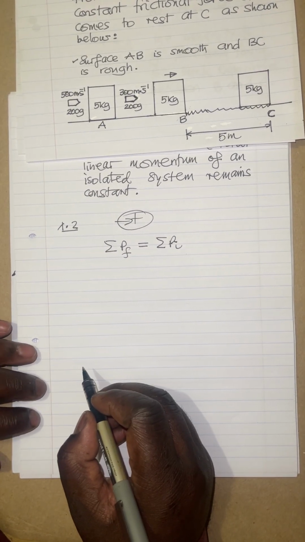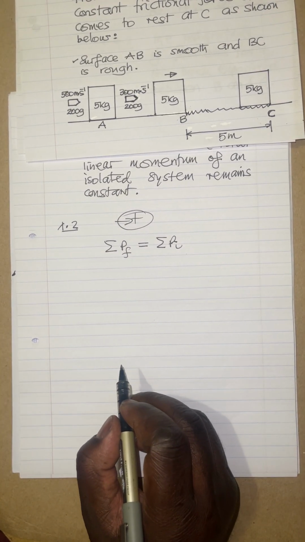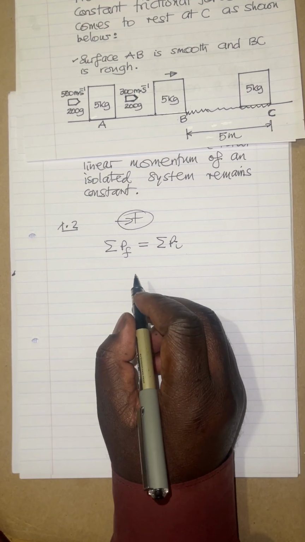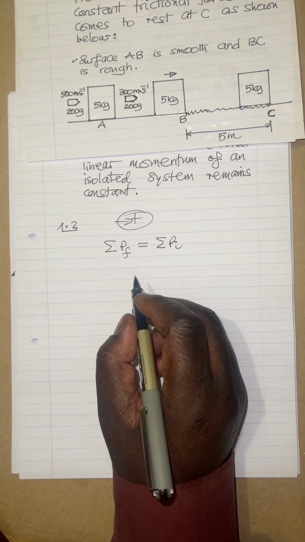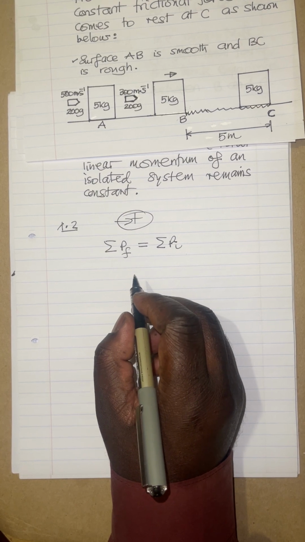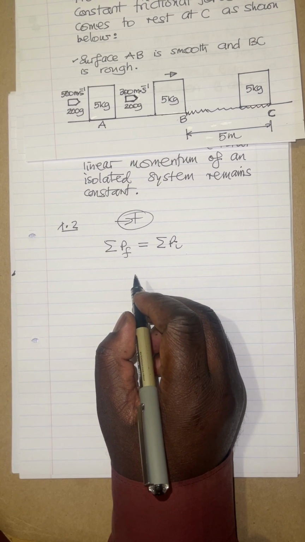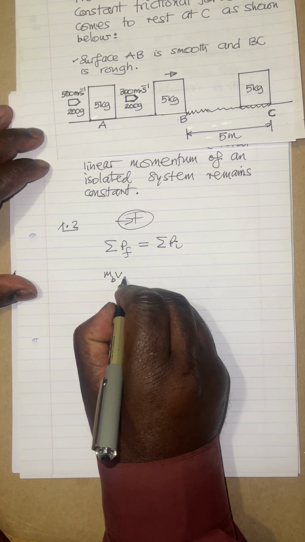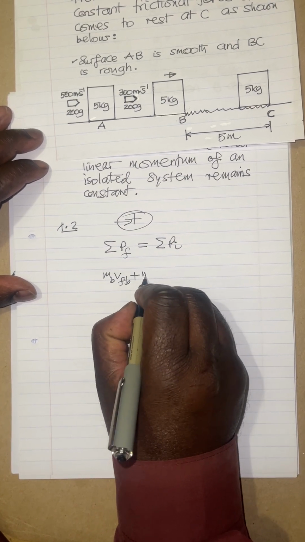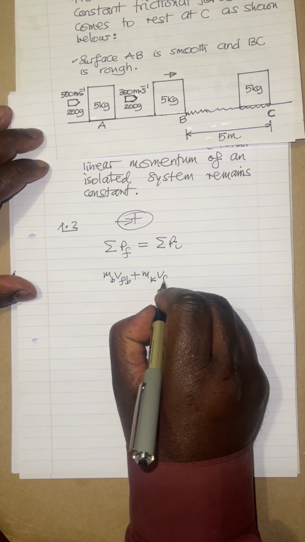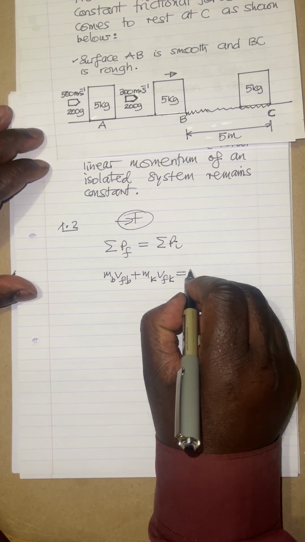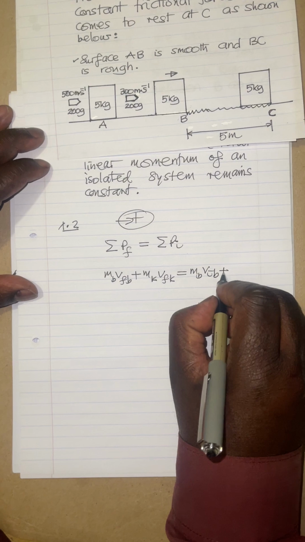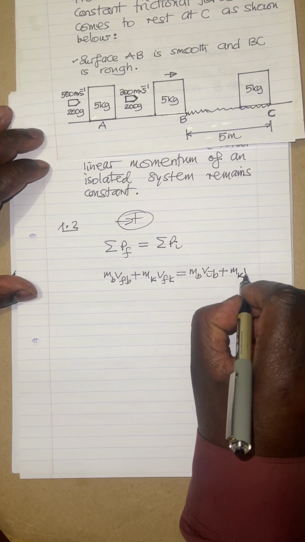We're talking about the block and the bullet, so I'm going to use B for bullet and K for the block. So mass of the bullet, V final of the bullet, plus mass of the block, V final of the block, is equal to mass of the bullet, V initial of the bullet, plus mass of the block, V initial of the block.